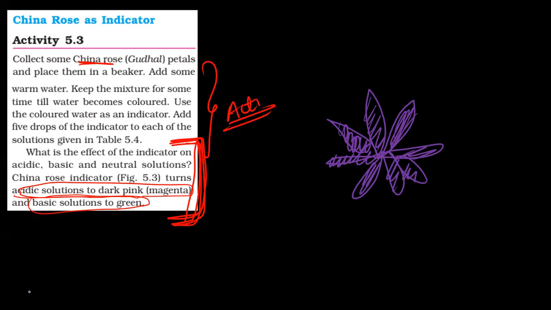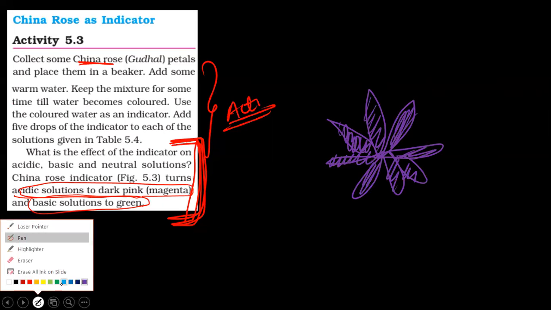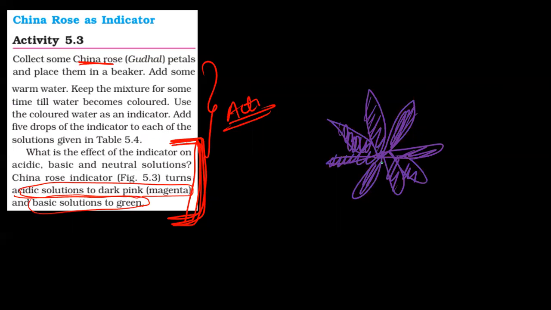It's like dark pink, not purple. And imagine a stem for this. Now China rose, so I drew a flower. Now all you have to remember is this base part as a base. This is the base of the flower, for example.